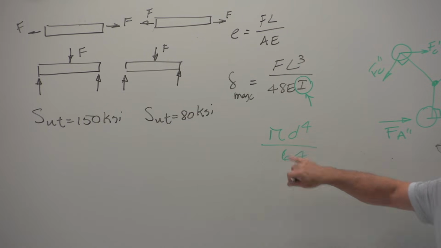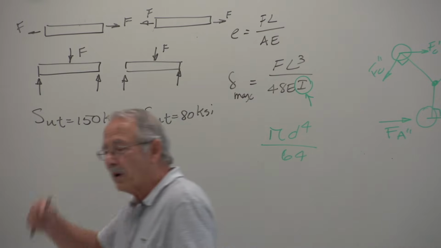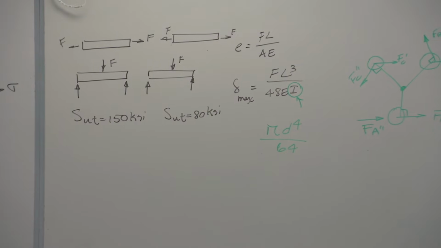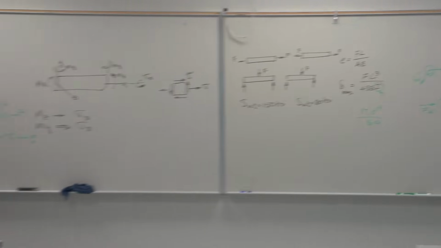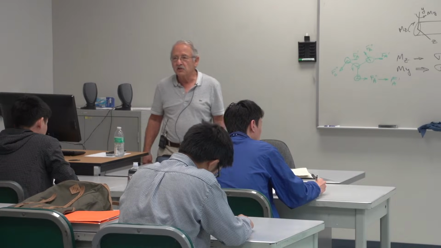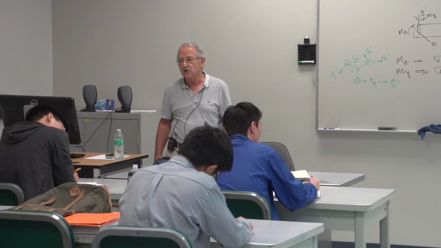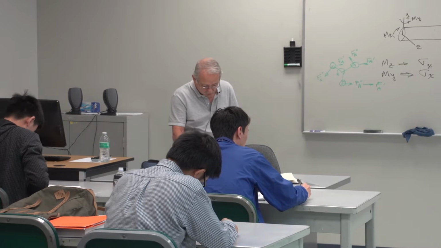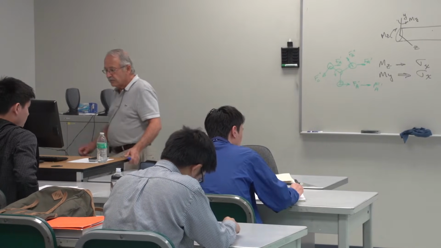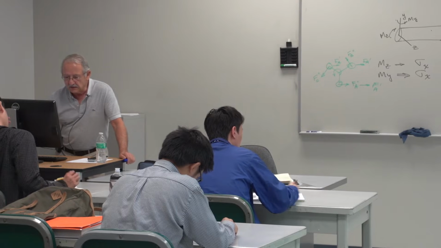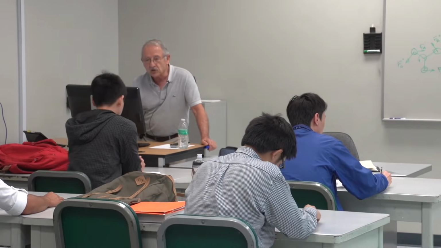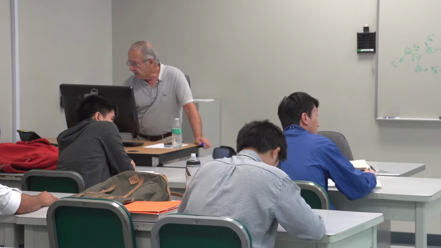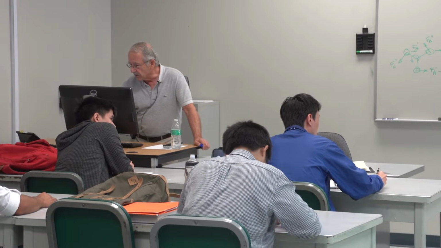So if you double it, then it's 2 to the power of 4. That's how much the deflection decreases. By 2 to the power of 4, 16. So a 1-inch deflection becomes 1/16 of an inch deflection, basically, by doing that. So that's one thing I wanted to mention. Your book actually has a little equation telling you if you want to change diameter and control deflection, a very simple equation.